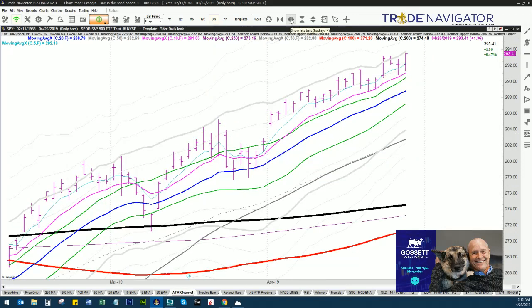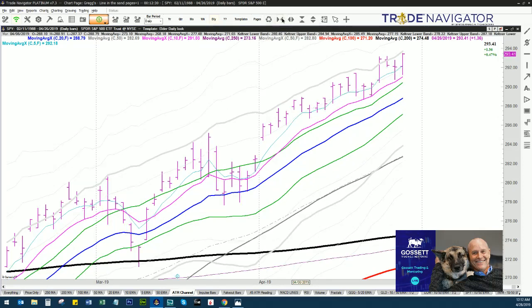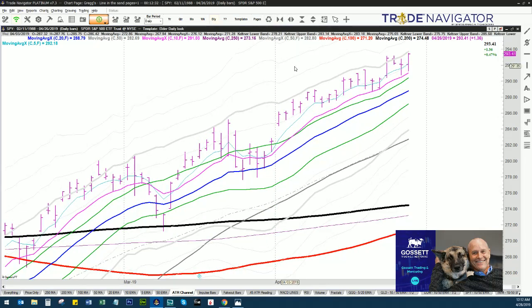Okay, I get a lot of questions about these. These are ATR channels. And you see this green one? That is the first ATR channel. And the green one to the downside is the -1 ATR channel.